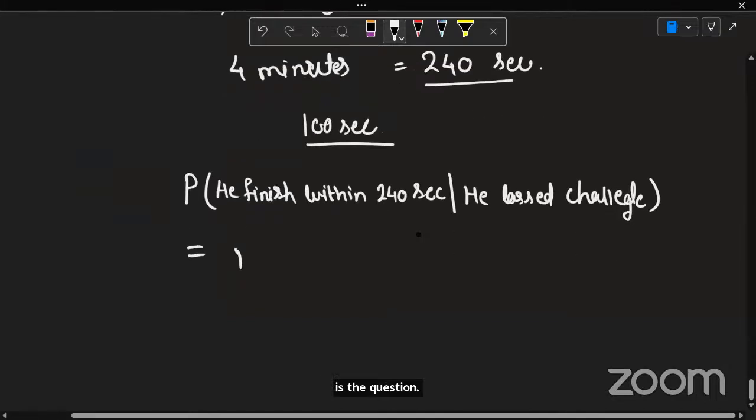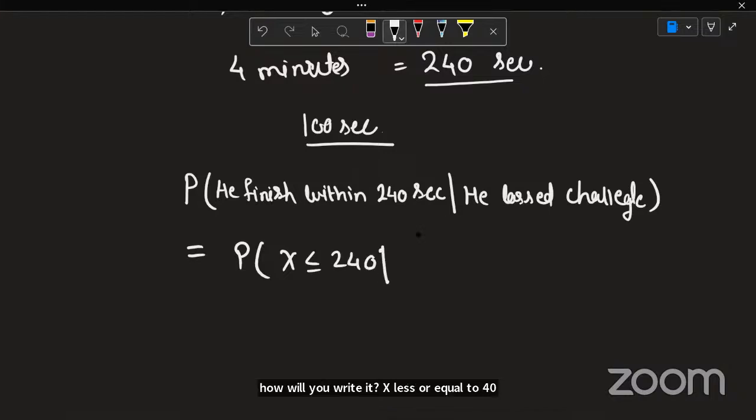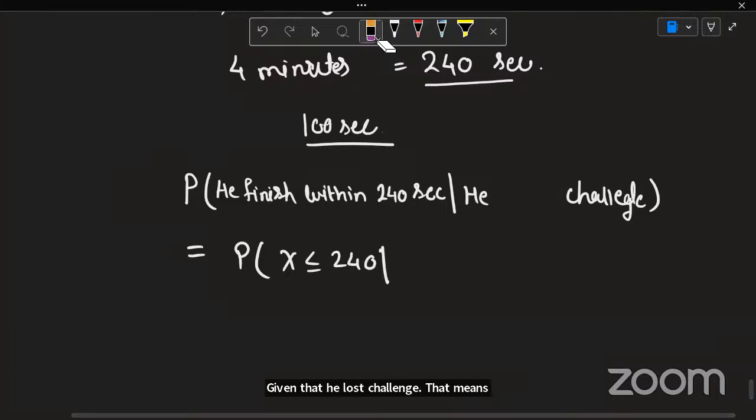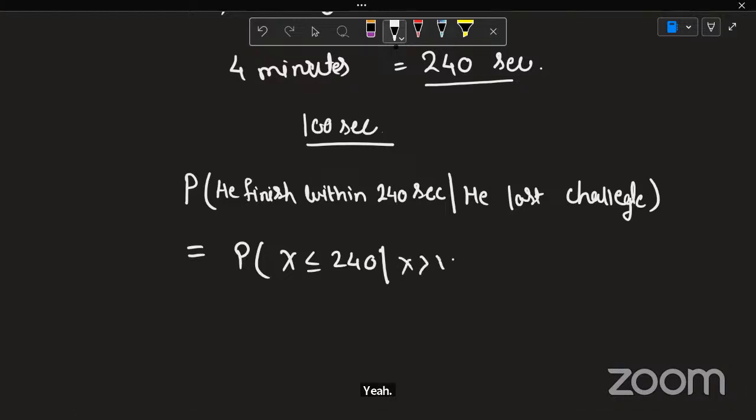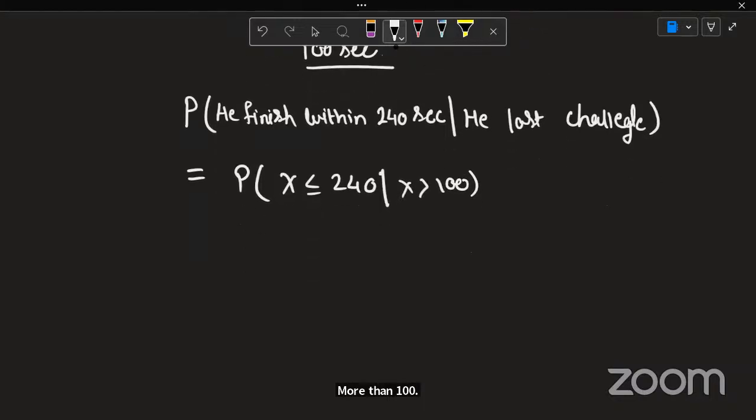This is equal to the probability that he finished within 240. How will you write it? X less than or equal to 240, given that he lost the challenge. That means X more than 100 seconds. More than 100.